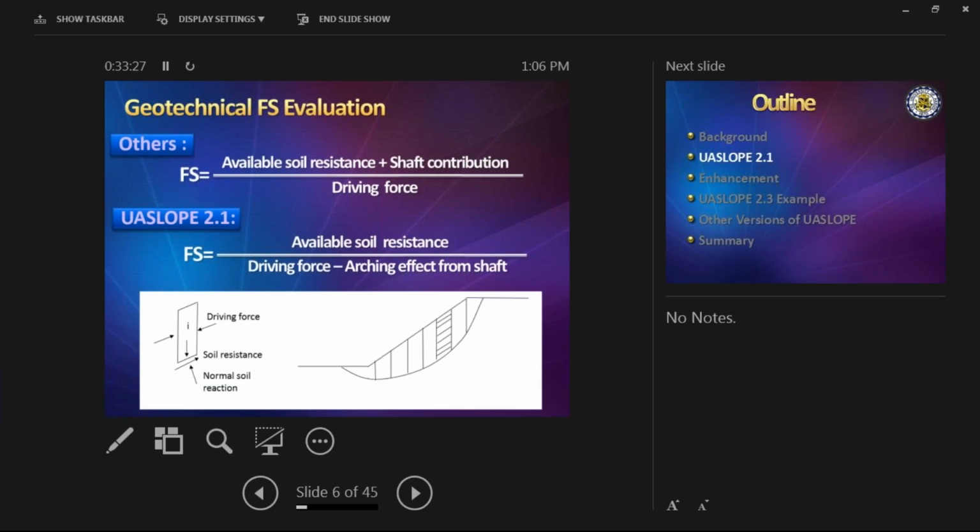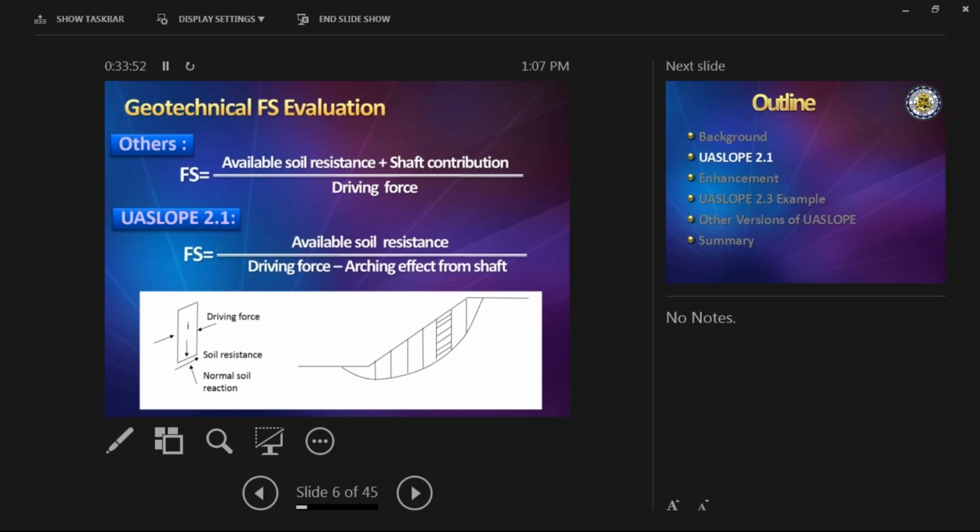Now, in terms of the first issue related to the methodology to evaluate the factor of safety, once the drill shaft has been installed into the slope, there are basically two schools of thought in terms of how to realize the benefit of the drill shaft in improving the factor of safety of the slope.